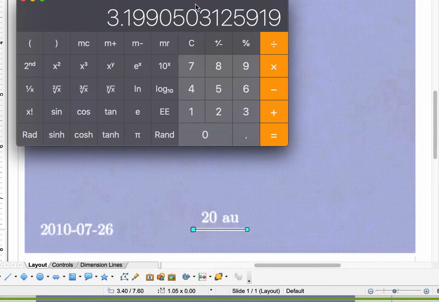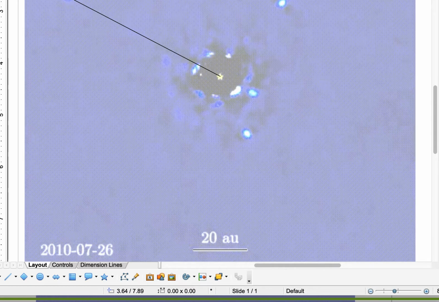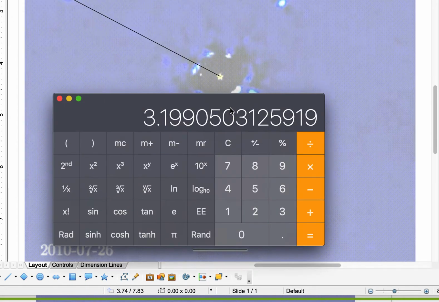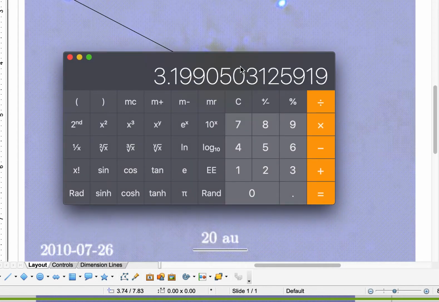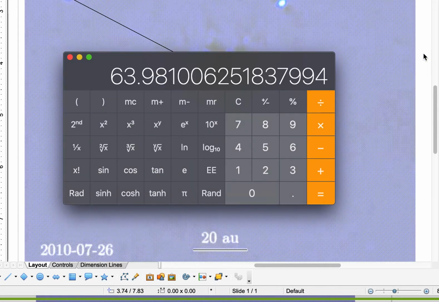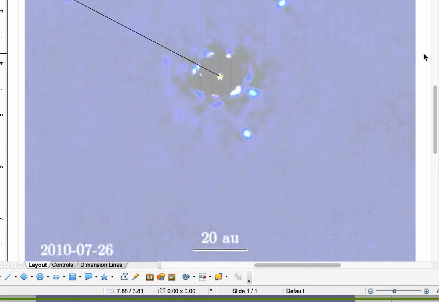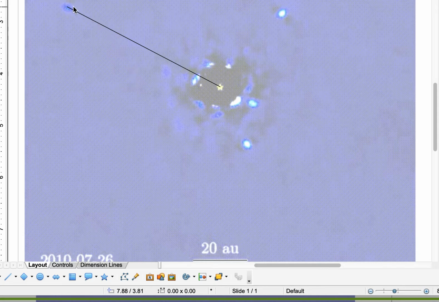So if I do the calculations, I get 64 AU for that line there.